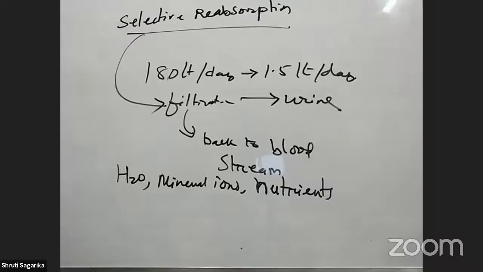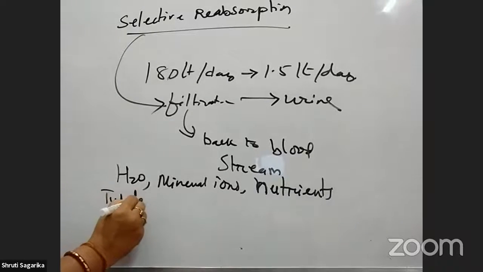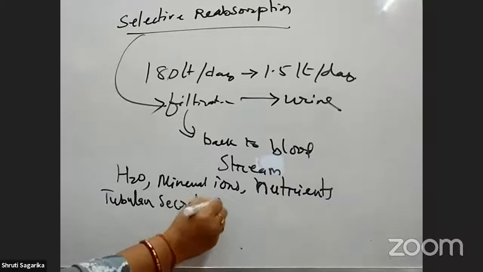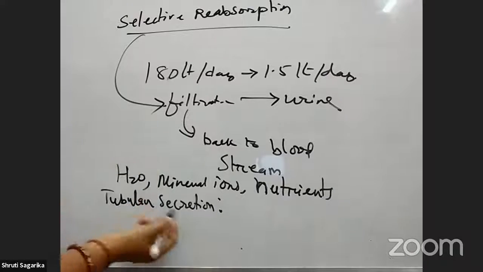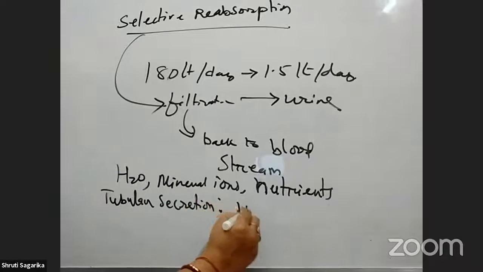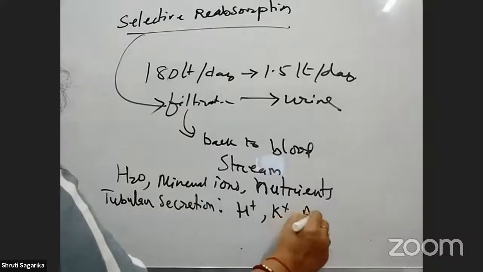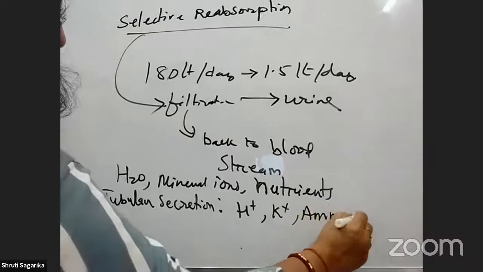During urine formation, the tubular cells secrete substances like the H plus ion. So, tubular secretion. The tubule secretes a few substances like the H plus ion, K plus ion, and ammonia.